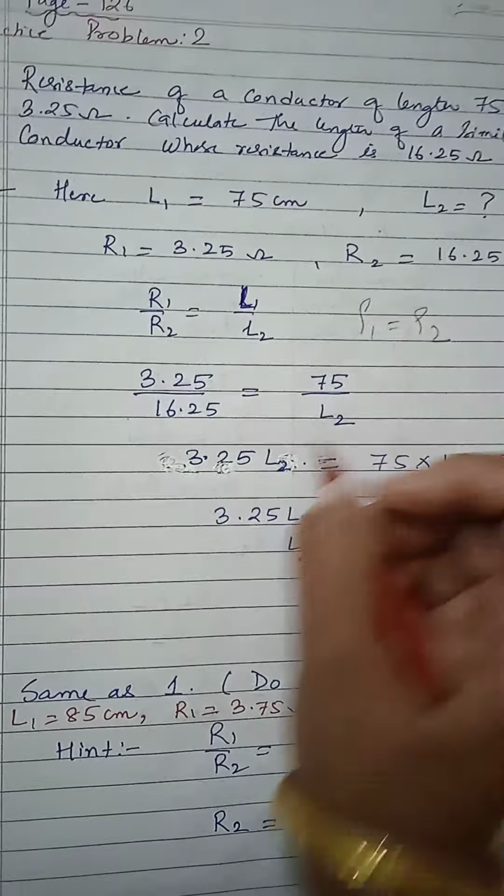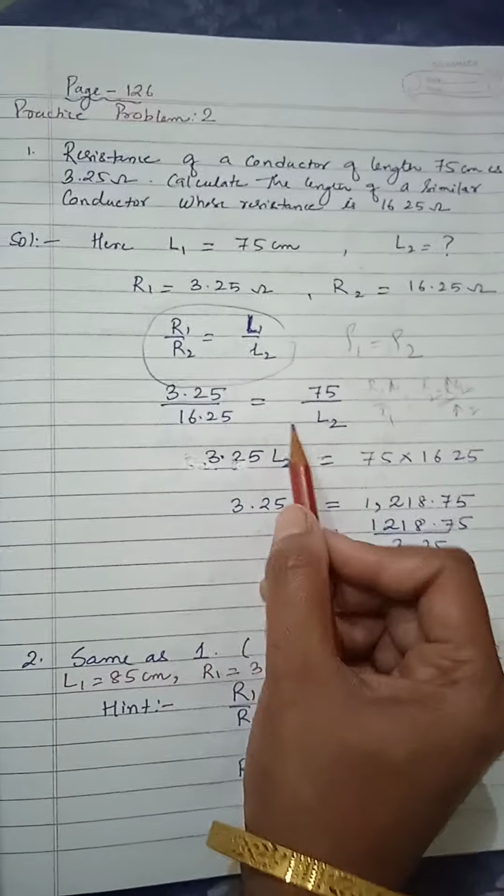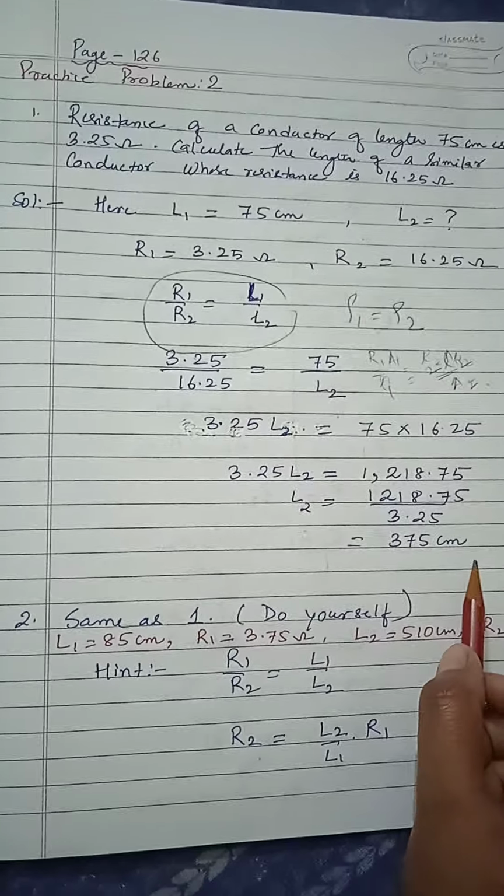Here same wire and the cross sectional area is also same, so you can use directly this formula, that is your R1 by R2 equal to L1 by L2. Now put the values of R1 and R2, L1 and L2. So cross multiply it and solve it for L2. It will come as 375 centimeter.